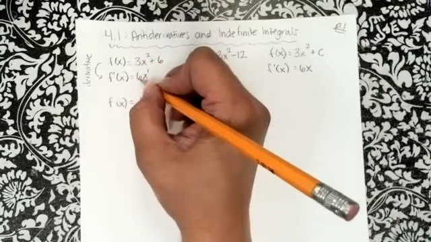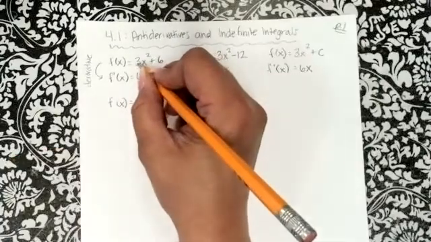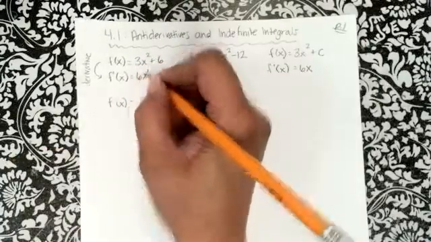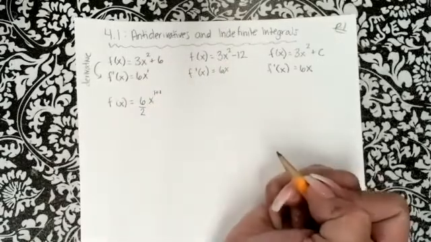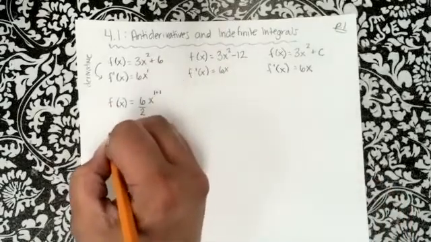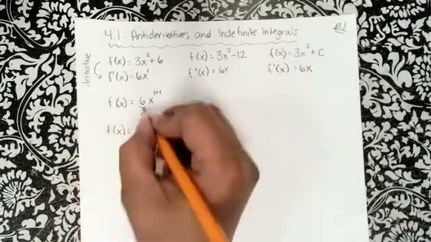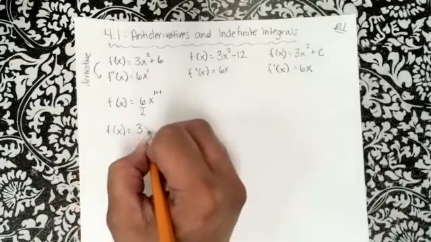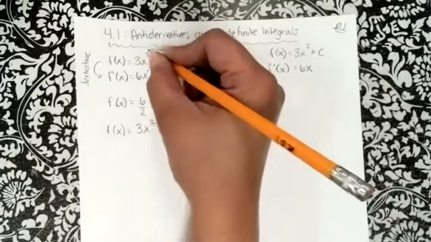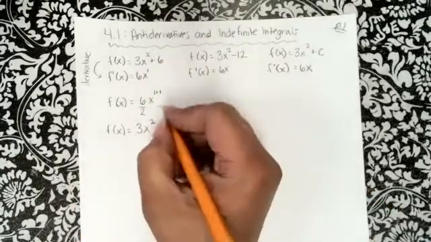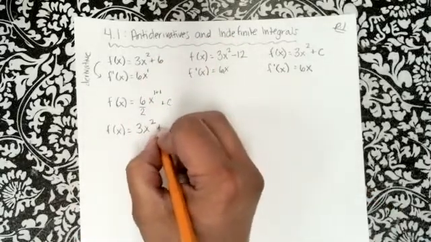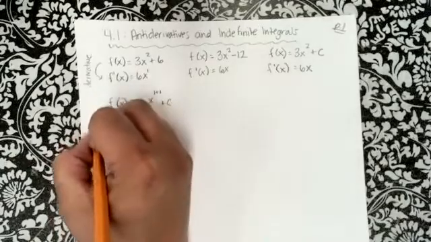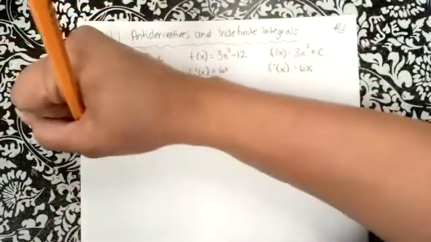Now, the number 6 turns into the number 3, which meant I took the 6 and divided it by 2. So 6 divided by 2 gives me the 3x to the second power. Now that 6 was just a constant. This is called the antiderivative.